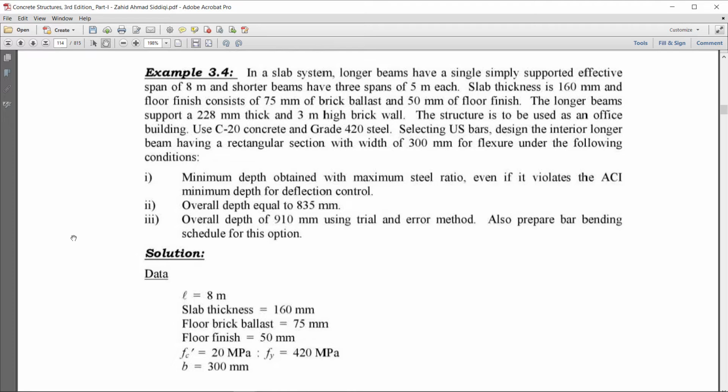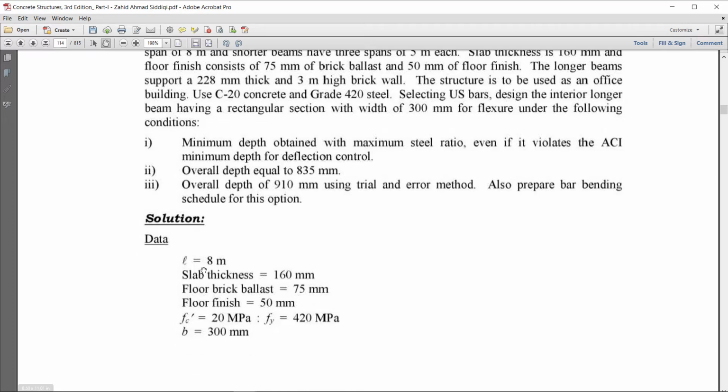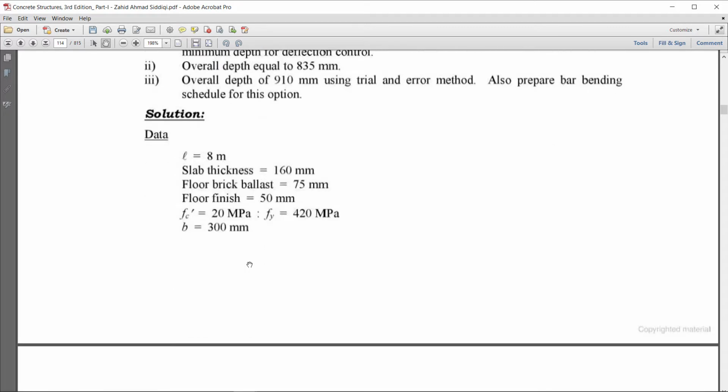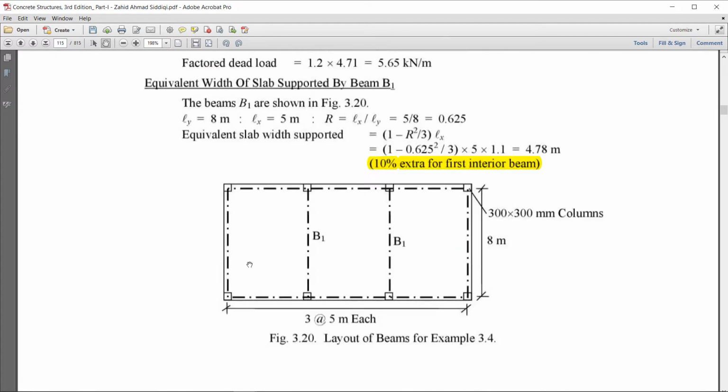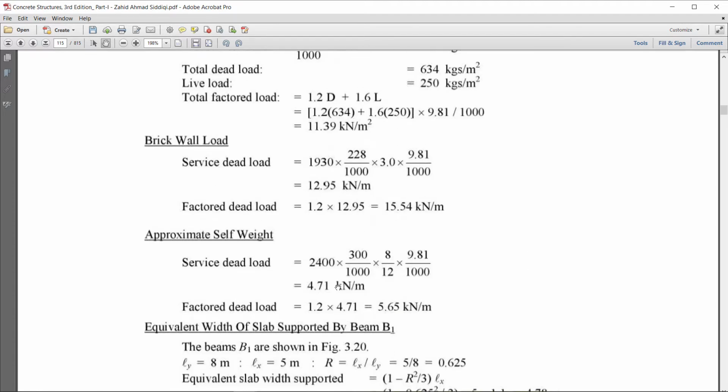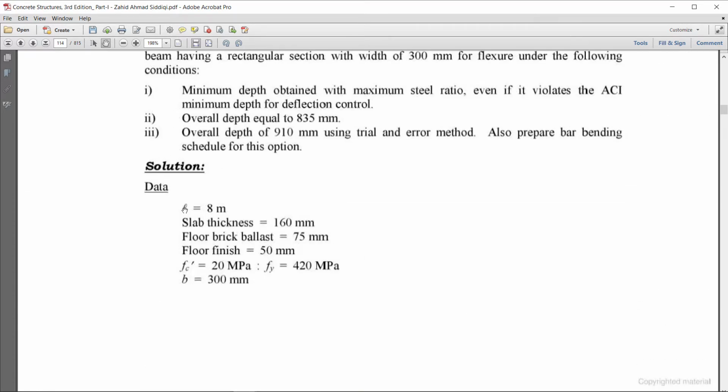So, data given: length of the beam is 8 meter. We are going to design this beam, not the short beam, this is the long beam. Length of the beam is 8 meter.